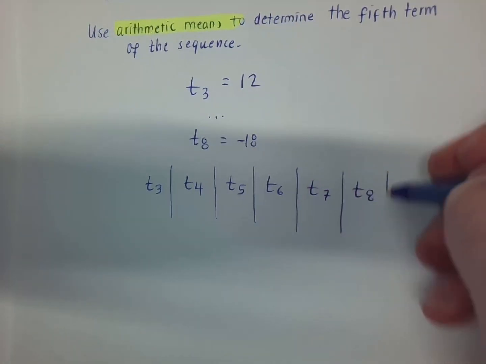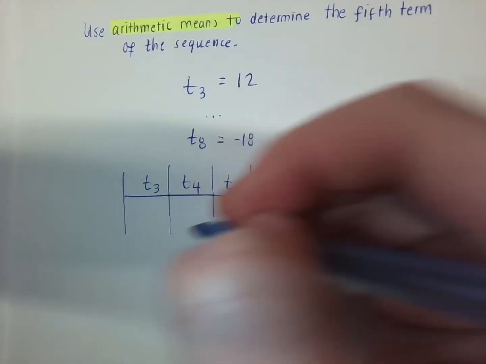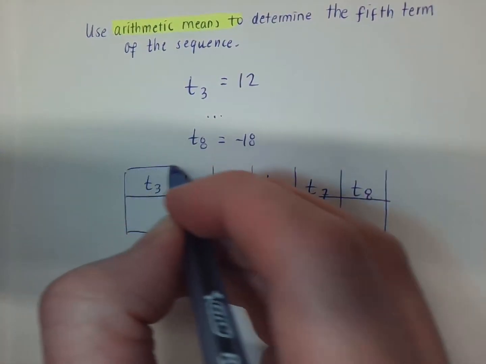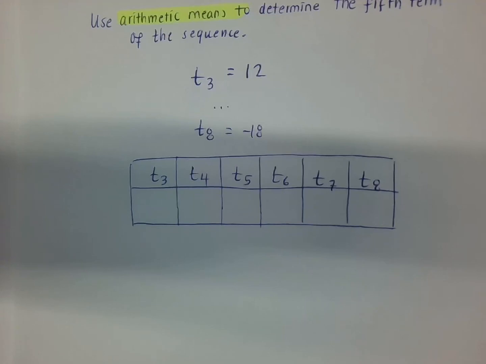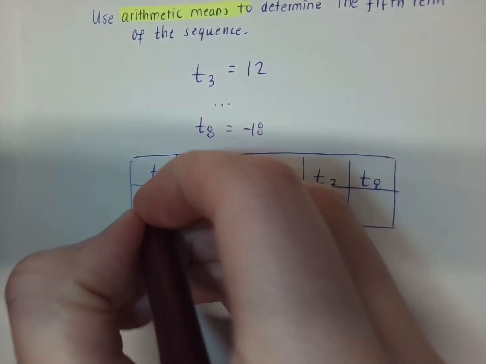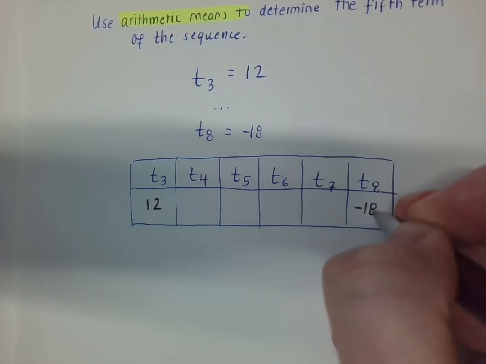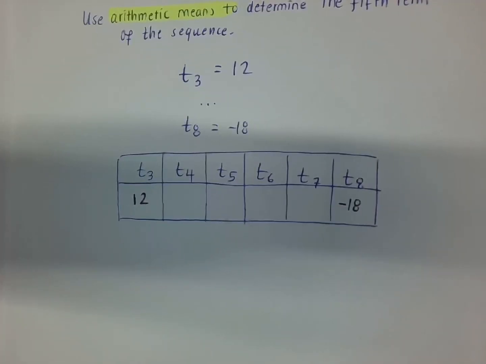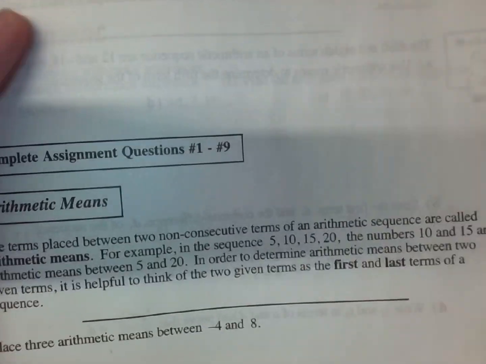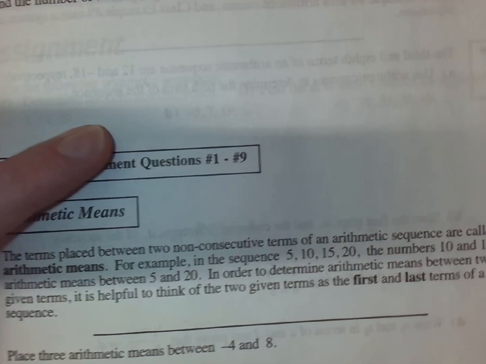Just trying to organize myself a little bit. These numbers in the sequence are 12 and negative 18. But going back, in order to determine the arithmetic means between two given terms, it is helpful to think of the two given terms as the first and last terms of a sequence.